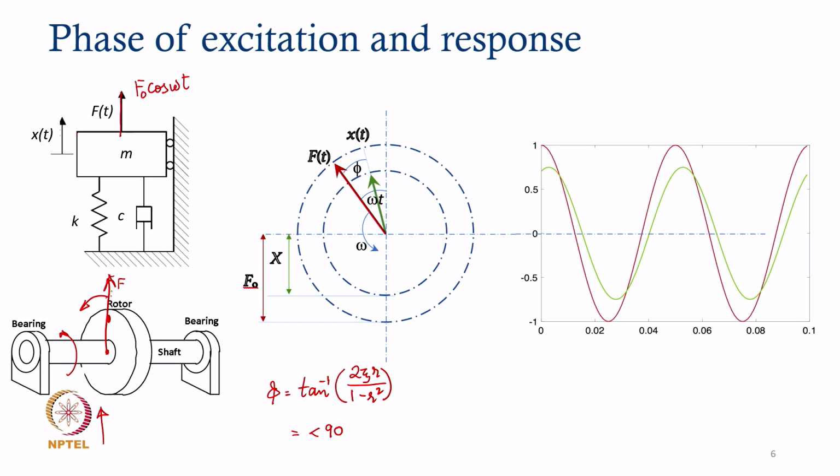So, at t equal to 0, the force has a maximum value of F naught, and then as it rotates, the force in the vertical direction keeps changing harmonically given by this expression.